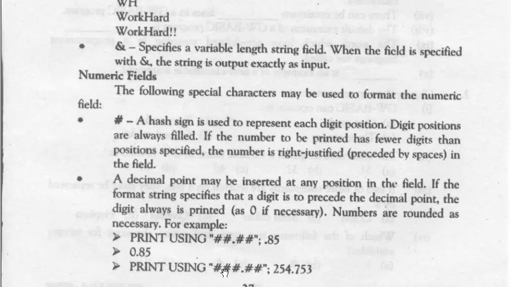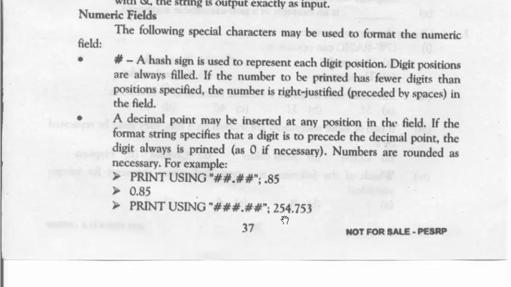PRINT USING "###.##" with 254.4753 will be 254.48. Now you can see that by putting 2 hash signs after the point, it has ignored the last digits.